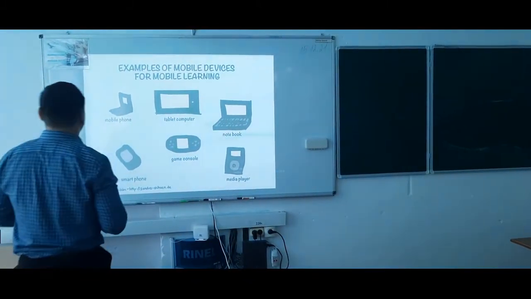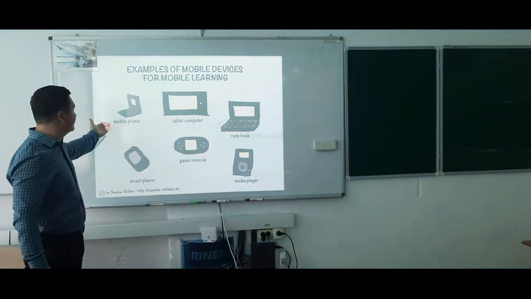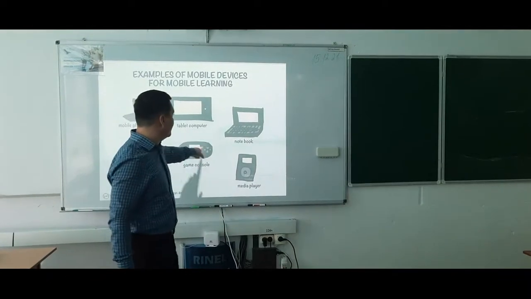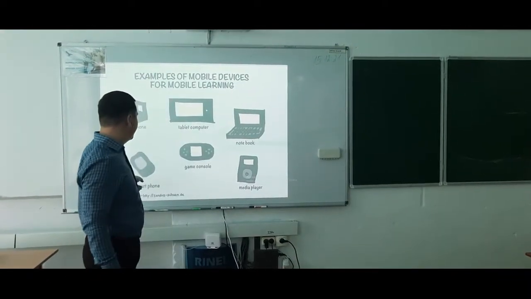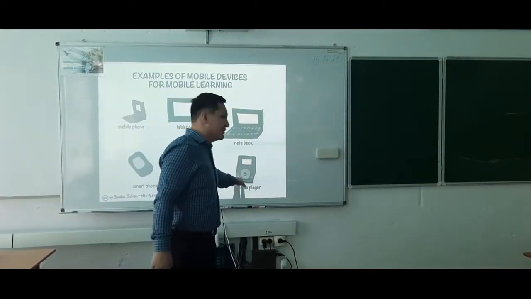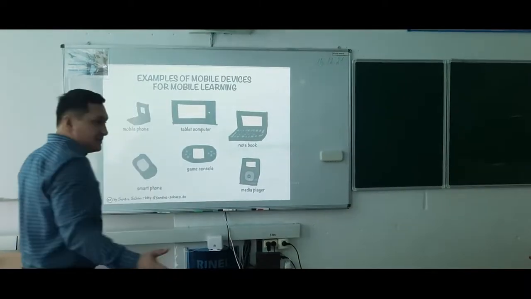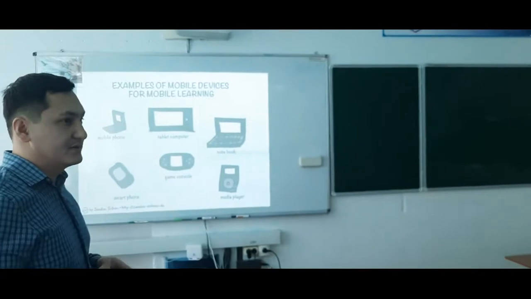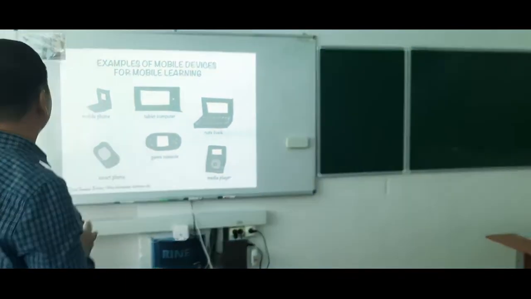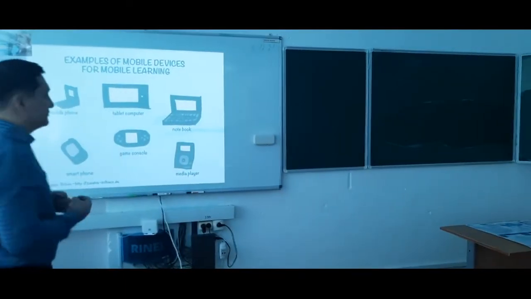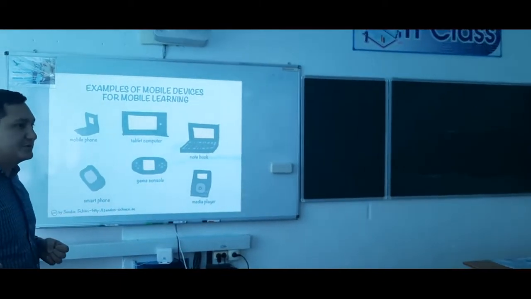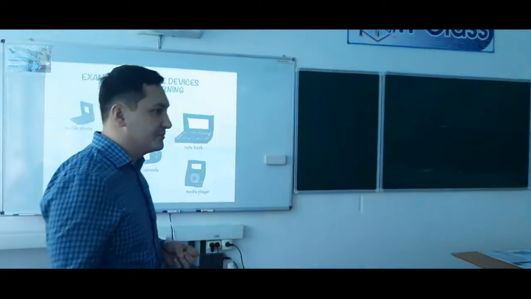For example, there is a mobile phone, in this picture black and white, tablet computer, notebook, smartphone, game console, and media player. These are mobile devices. Yes, mobile devices I can use for learning, I can watch video, play games.